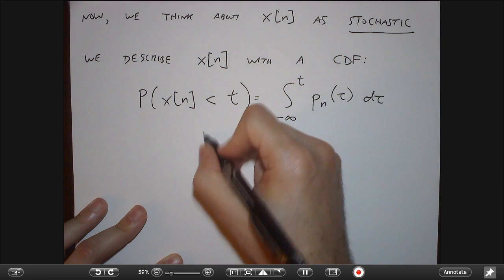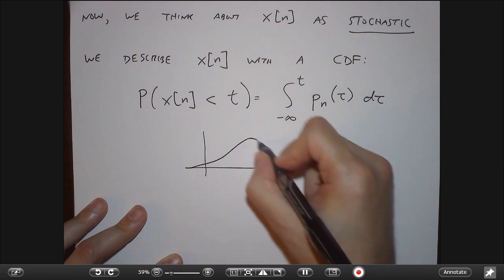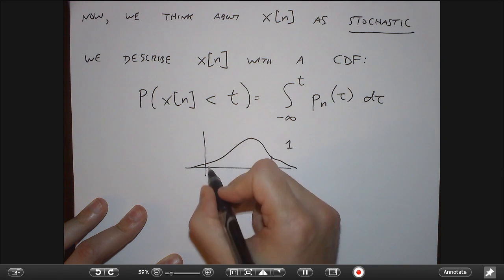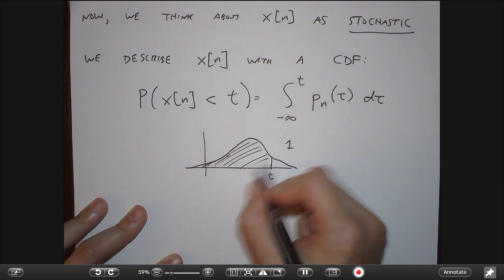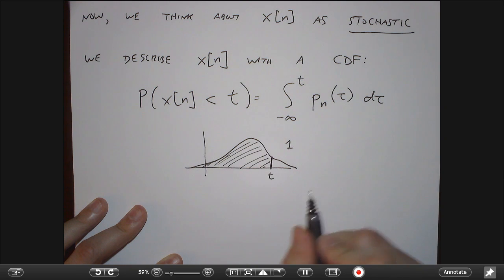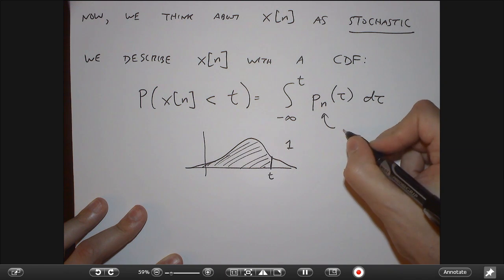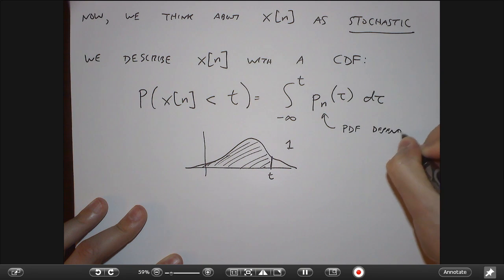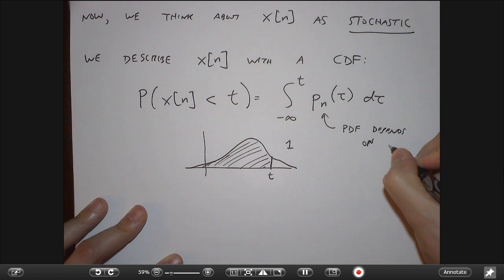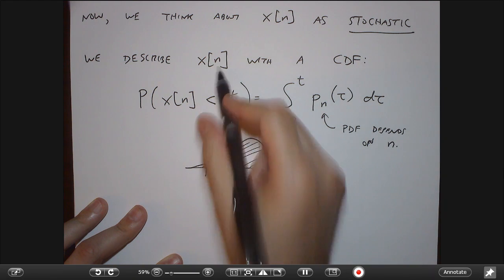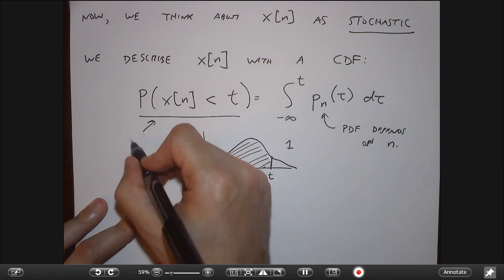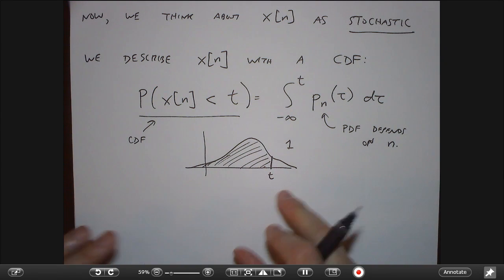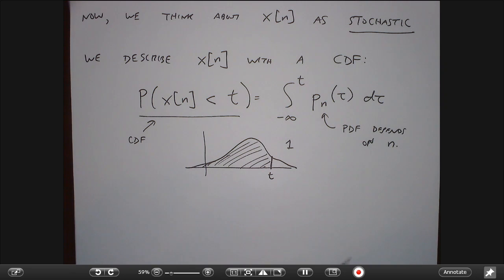That's like saying I have some PDF that integrates to 1, and if I want to know the probability that x of n is less than this, I integrate that PDF up to here, which is the same thing as a CDF, right? So this is a PDF that depends on n, the index of the signal, and this is the CDF for n, right? And so now we have to think about all these tools that we developed from probability theory, right?